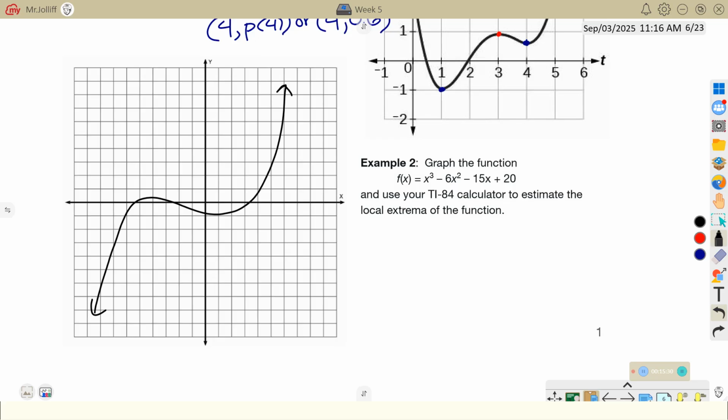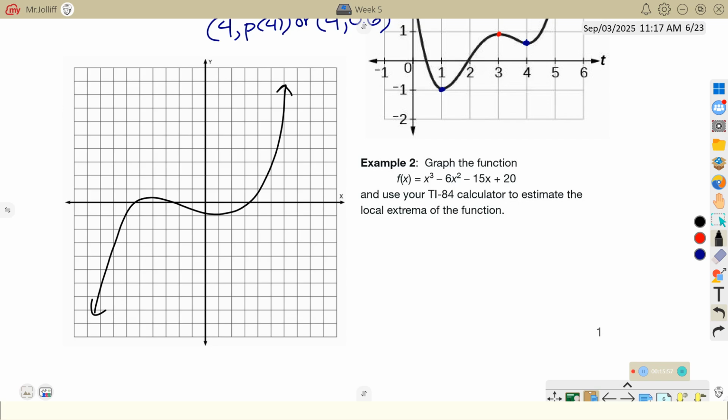So that may have to do with what your graph looked like before you hit zoom fit. There we go. Yeah, you had a non-standard zoom window when you started. So if that happens, go to zoom, zoom standard, and then once that's graphed, go back and do zoom fit.